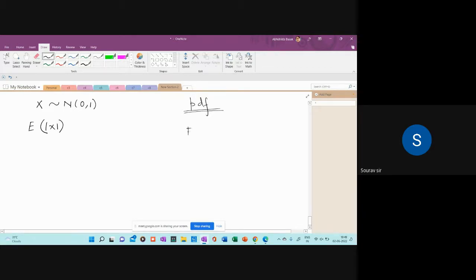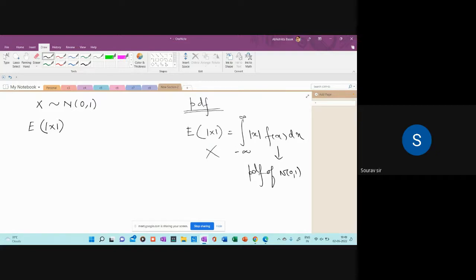So people start doing the integration from minus infinity to infinity of mod x into f(x) dx, where f(x) is the PDF of normal 0, 1. I won't say this is a wrong procedure, but it is a very long procedure. This is not at all applicable for this particular objective question.